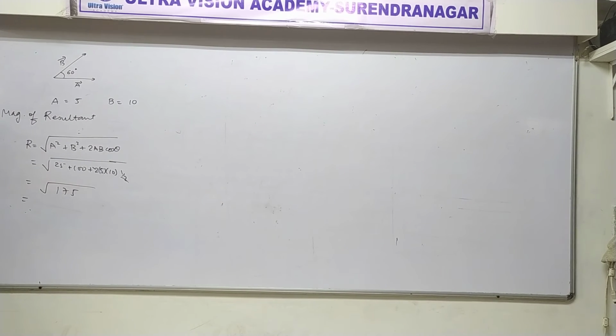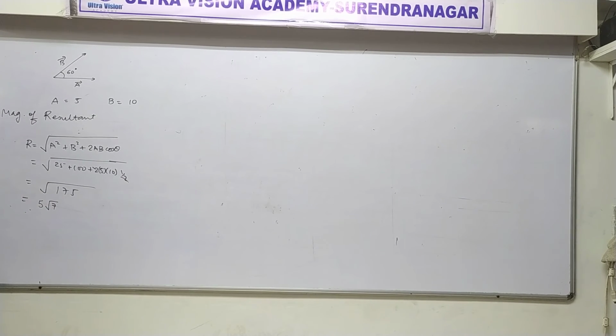Can you simplify it further by taking something out? 50. 50 is what? Correct. 5 root 7, because you can take 25 out. Correct or not? Yes. 25 into 7 is 175. Okay? So 5 root 7.